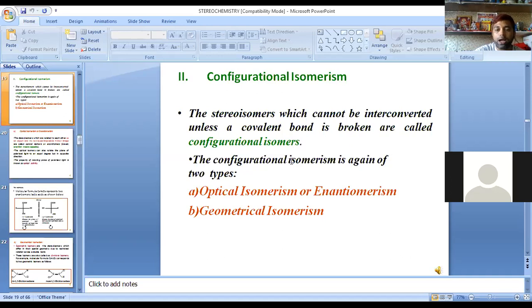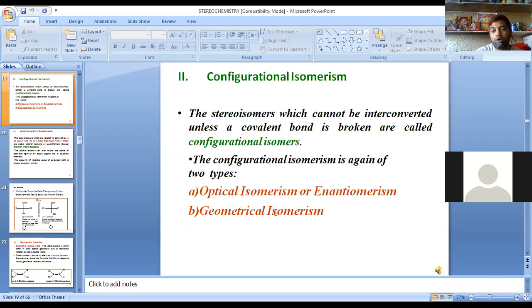Configurational isomers are again classified into two types. One is optical isomerism or enantiomerism. We have discussed yesterday what enantiomers are. The second one is geometrical isomerism, or geometric isomers.